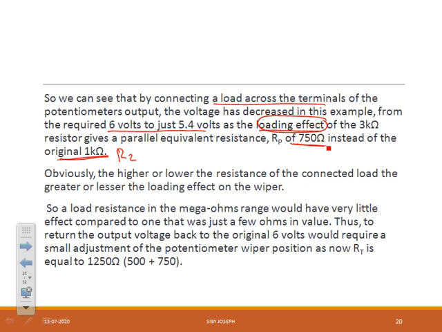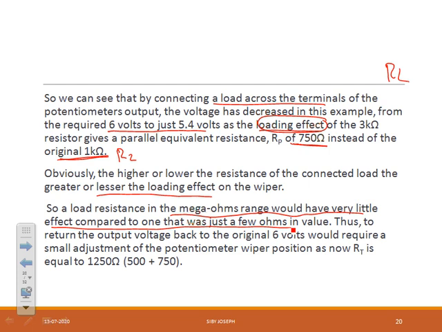Obviously, the higher or lower the resistance connected, the lesser or greater the loading effect. So the loading effect depends upon the load resistance value RL. A load resistance in the mega ohm range would have very little effect compared to one of just a few ohms.